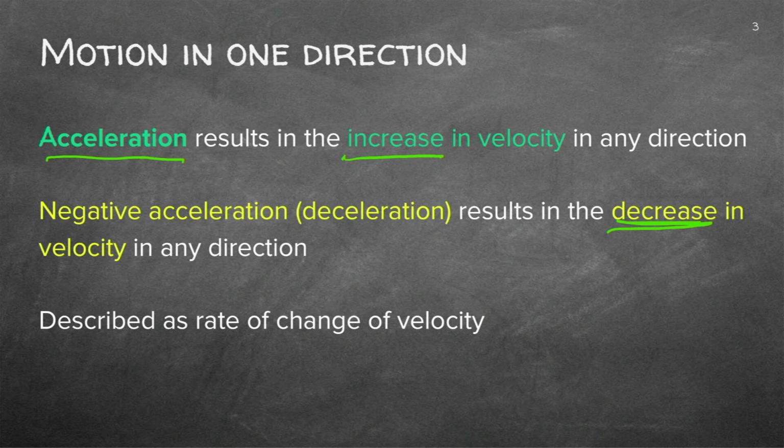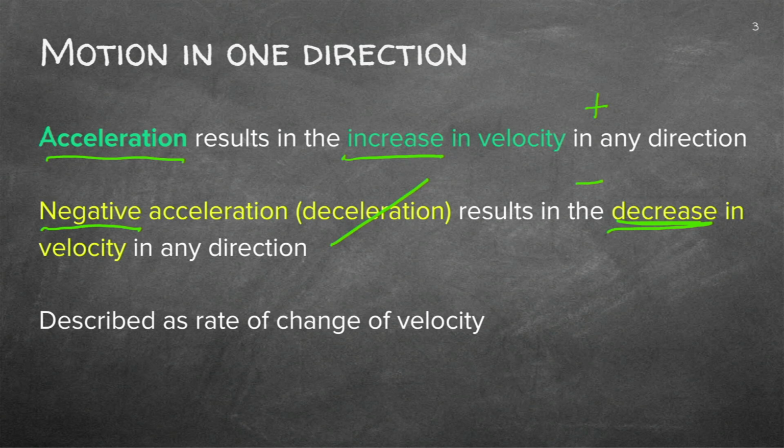On the other hand, if it's going slower, it's decreasing the velocity. And then we don't say it's deceleration. Please never use that word. We have to define it in terms of a vector. So we'll say it's negative acceleration. Be careful that you use signs. So this will be positive acceleration and this will be negative acceleration.